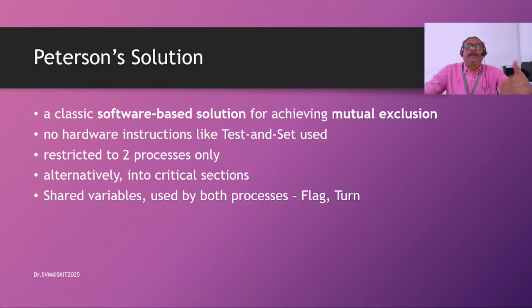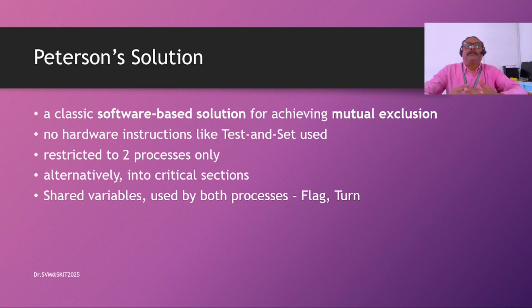So whenever a process wants to enter the critical section, it first raises the flag, saying that I want to enter, and then cooperatively says let the other continue to enter, I will wait. So it makes turn equal to the other, and if the other is already waiting, then it will get a chance to get into the critical section.